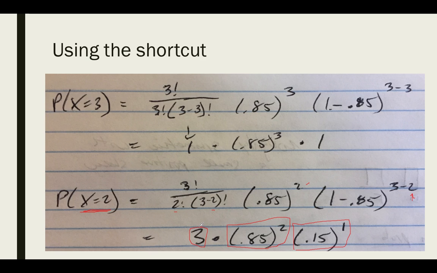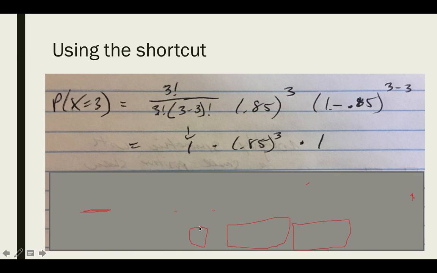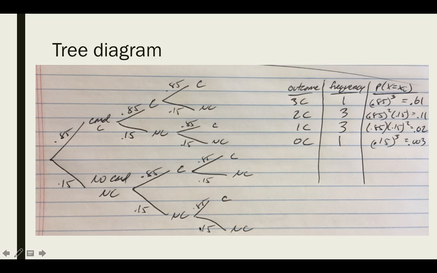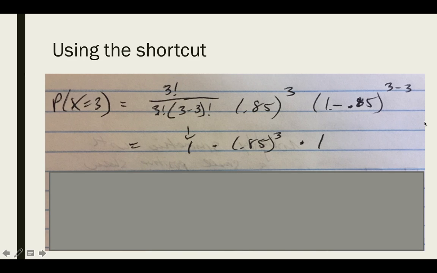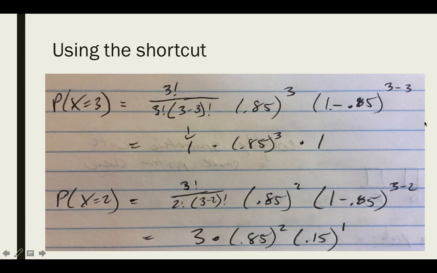So that also makes sense. And you notice that that calculation ends up being the exact same as it was from the tree diagram that we saw right here in the second row. The likelihood of having 2 customers out of the 3 pay with a card, we took the frequency here and multiplied it by the probability of one of those events occurring. That's exactly what we do in this case here.